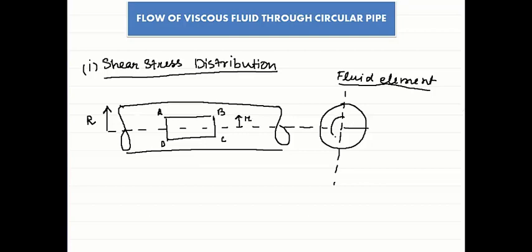So this will be my fluid element, which has a radius of small r, and let the thickness of the fluid element be dr. This thickness I have taken as dr.